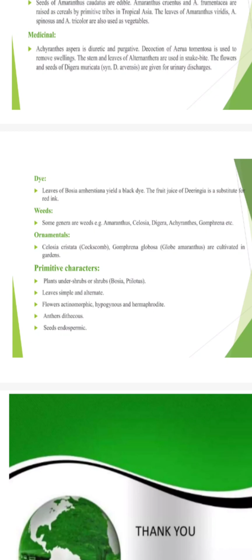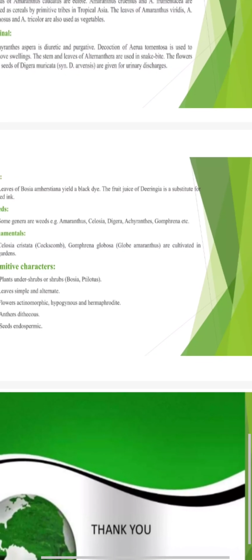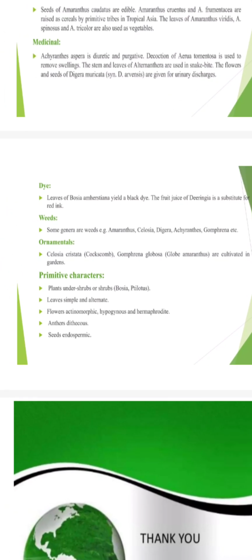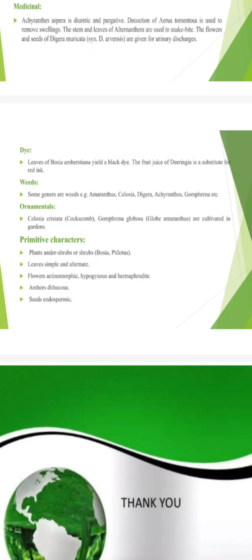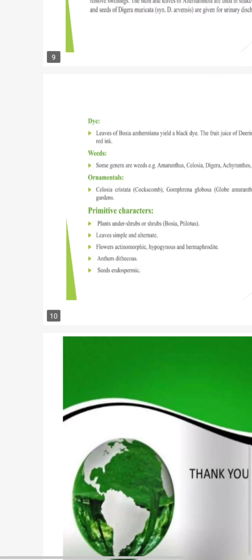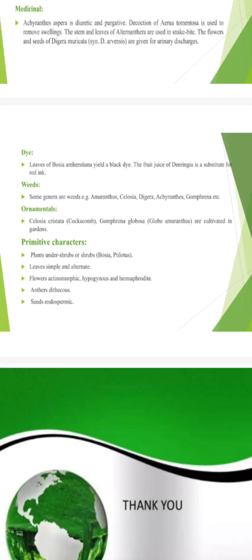Dyes: leaves of Basella yield a black dye. The fruit juice of Deeringia is a substitute for red ink. Again, weeds: some are weeds, for example Amaranthus, Celosia, Digera, Achyranthes, etc. Then ornamental: Celosia cristata looks very beautiful, it has velvet flowers.